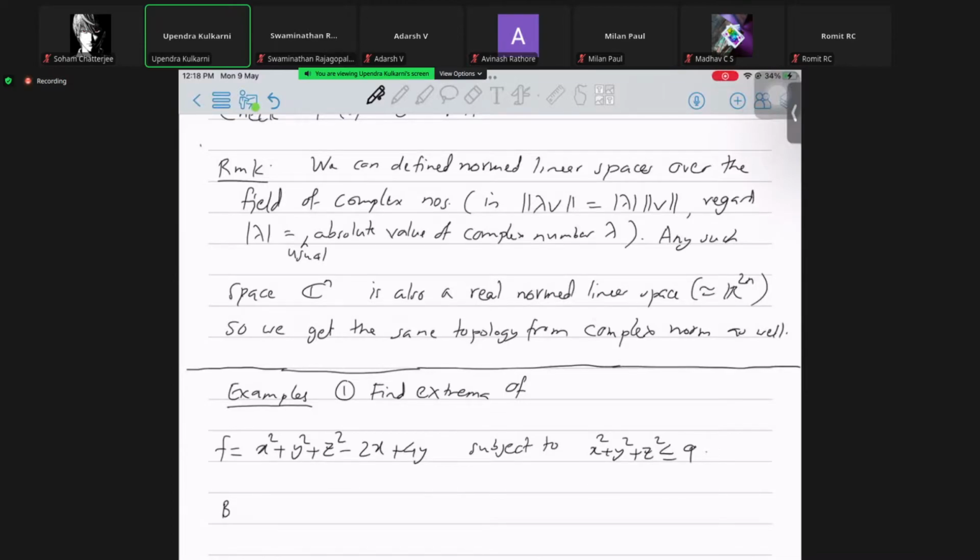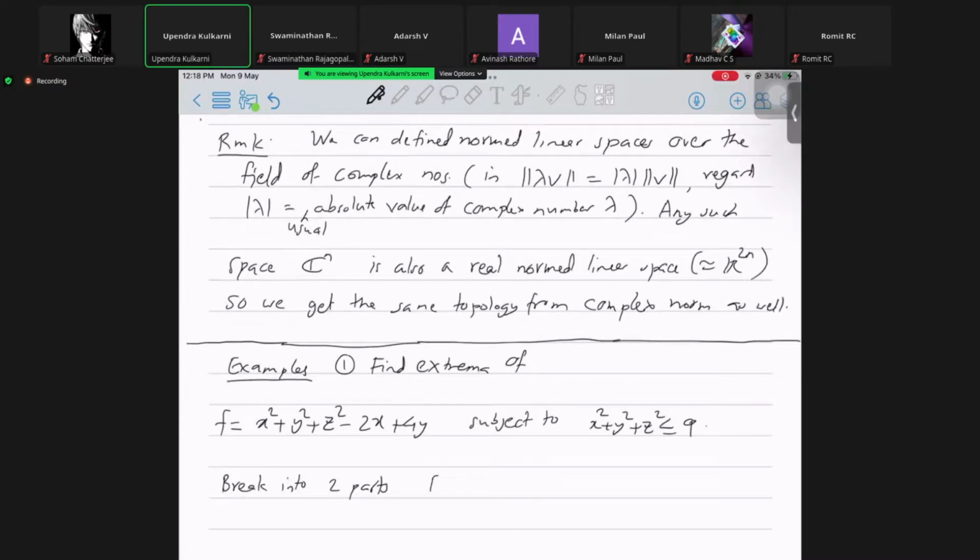So break into two parts: P, where x square plus y square plus z square is less than 9, and the boundary of P.